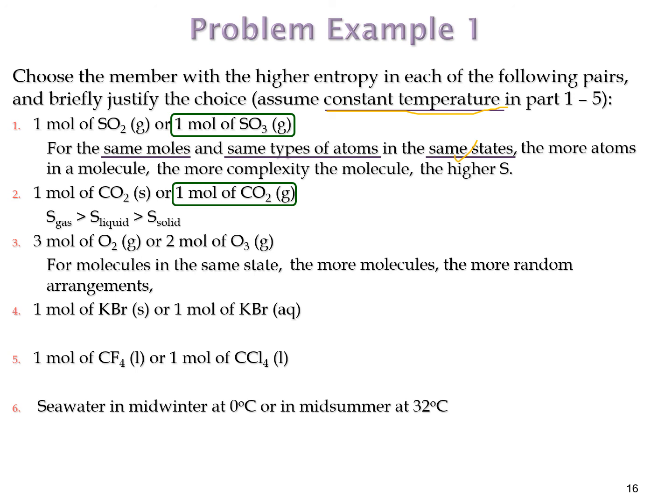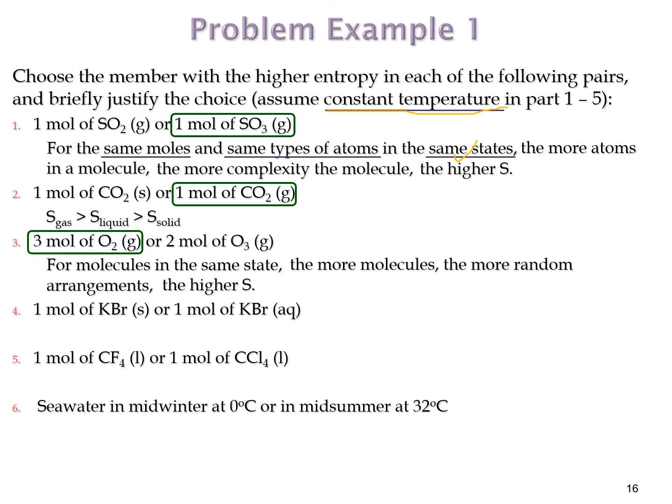Right? We got 3 moles of O2 and 2 moles of O3. Which one has a higher entropy then? 3 moles of O2. Because there are more gas particles. That's as simple as this. More gas particles, more randomness, more dispersion in energy, the greater the entropy it is.